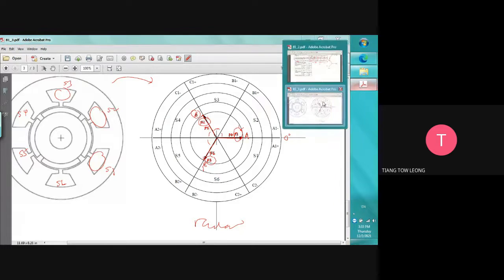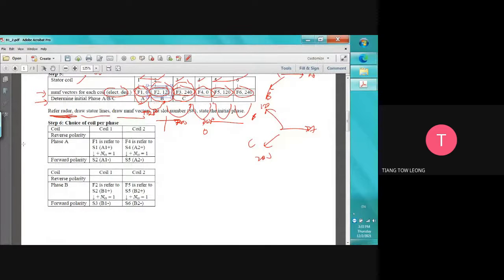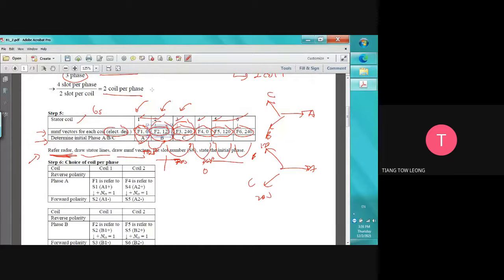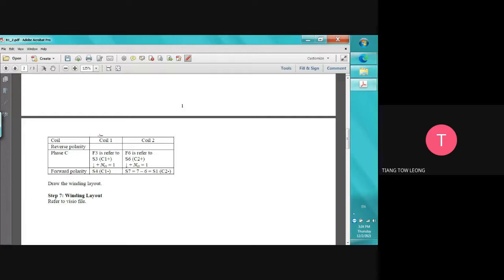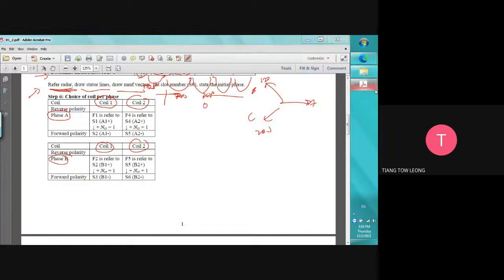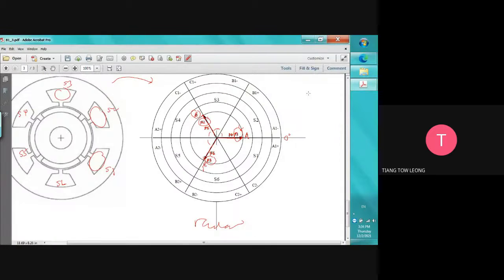Next, after we did everything here, we need to know how many coils we have. So that's the answer: 2 coils per phase. So we must have 1 coil, 2 coils for 1 phase. When we have phase A, we know it must have F1.